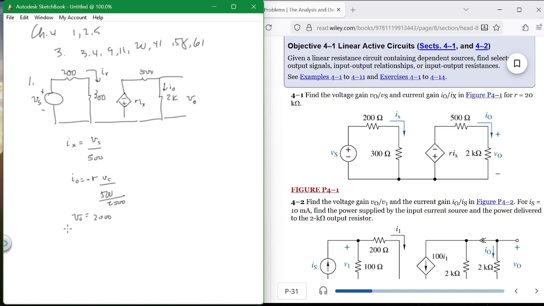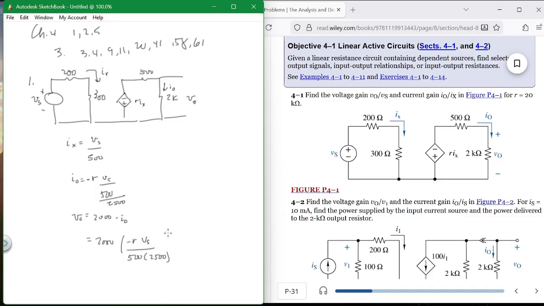And my V out is 2,000 times Io, or 2K times minus R Vs over 500 times 2,500.